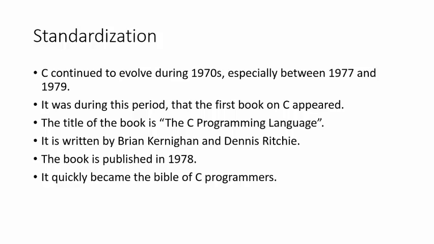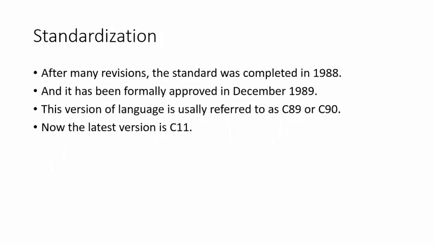In those days, people started using the C language to design applications, and they used to refer to this book, The C Programming Language, by Brian Kernighan and Dennis Ritchie, and it became the Bible of C programmers.